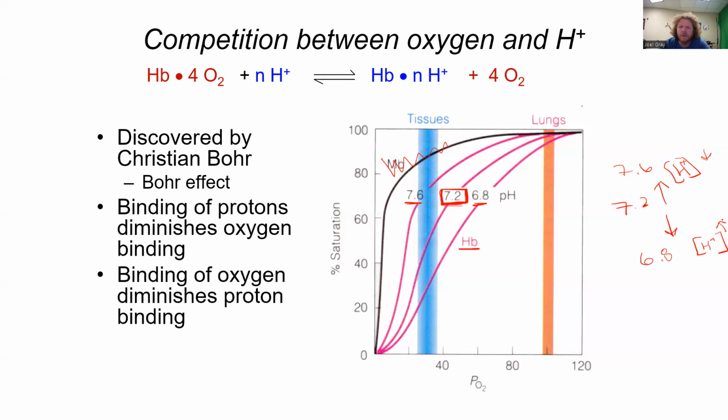So what we see is, if we look at 7.2 as mid-range, here's our P50. I'm going to draw another line to indicate P50 at 7.6, and then another one at 6.8.